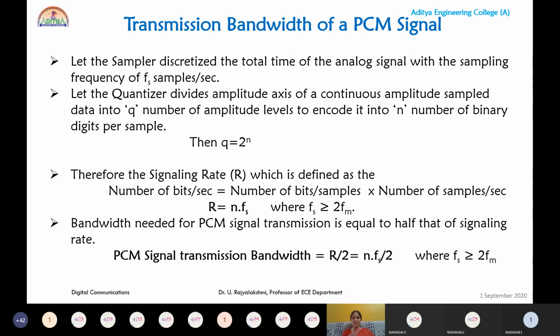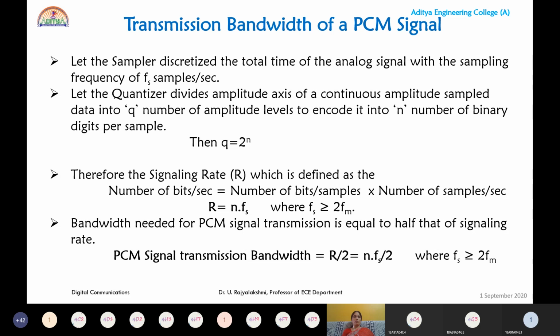The signaling rate is the product of the number of bits per sample and the number of samples per second. The samples cancel, and you get bits per second. So R can be defined as N into Fs, with the condition that Fs should be greater than or equal to 2Fm.